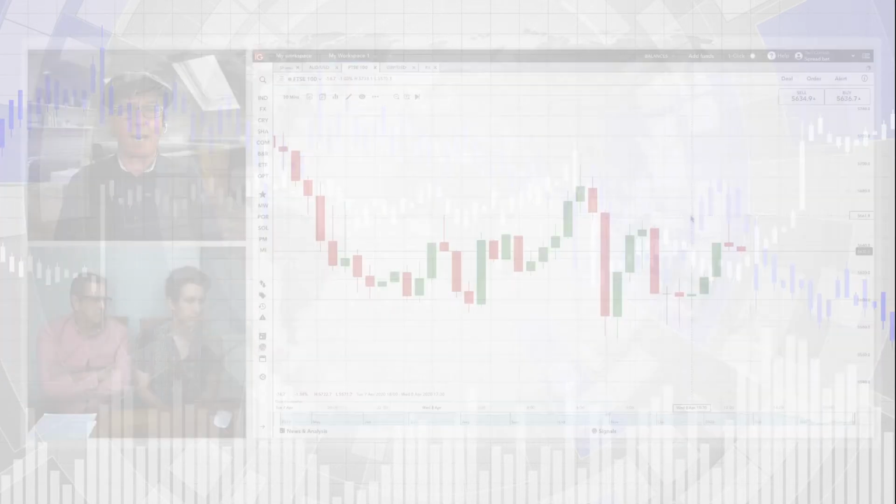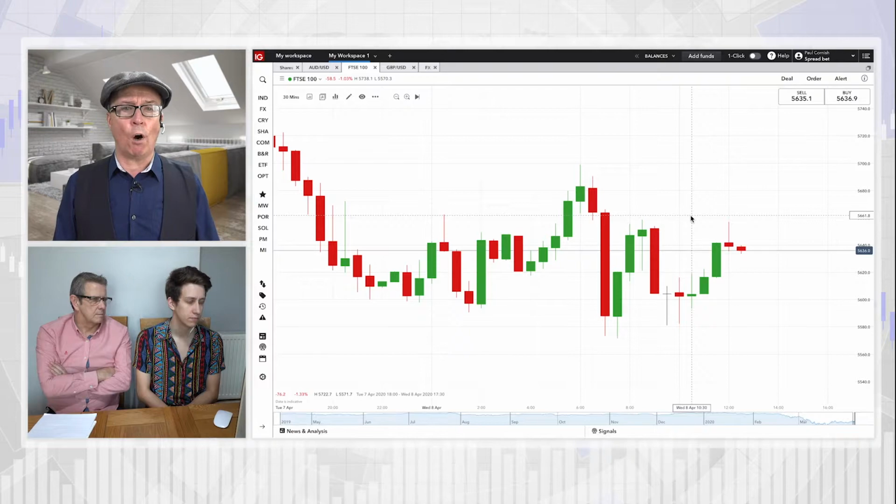There are three directions in which the market can trend. It can go downwards, which is a bearish trend, as we call it. It can go upwards, which is a bullish trend, or it can go sideways, which is what we call ranging. Now, I've got some examples here on this Australian market.